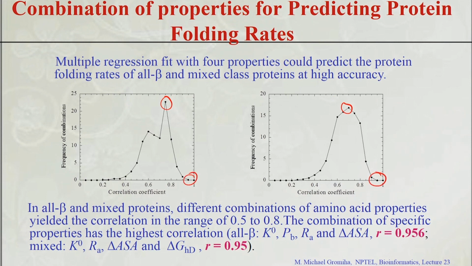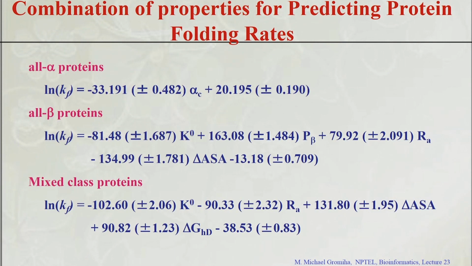We could see one specific combination, for example for all beta, these are the properties, and for the mixed class, these are the properties to get the highest correlation. From that you can derive equations, right. For all alpha, because there are fewer proteins, it can be derived from just one property called alpha C, helical contact area. All beta proteins use 3-4 properties, and the mixed class 1, 2, 3, 4 properties.